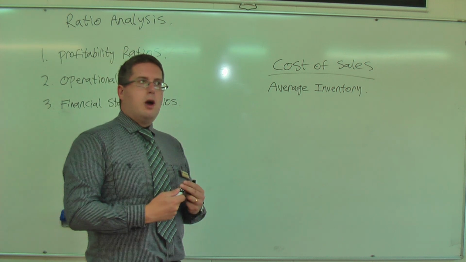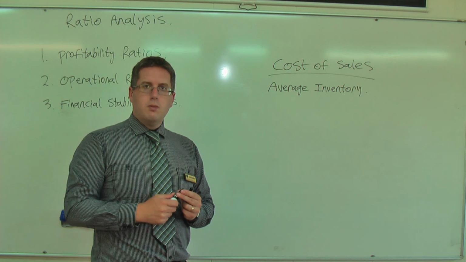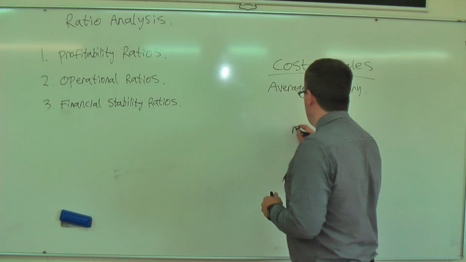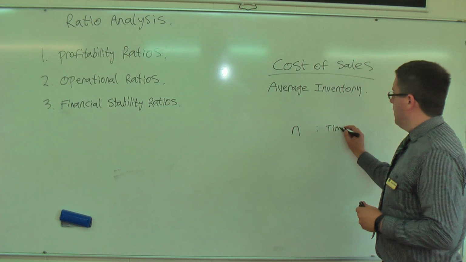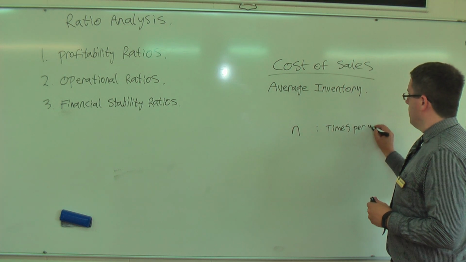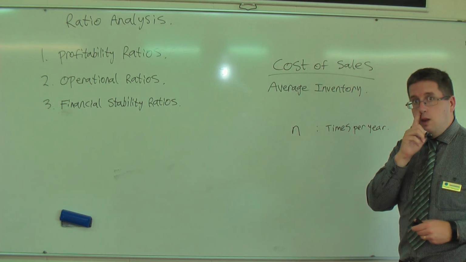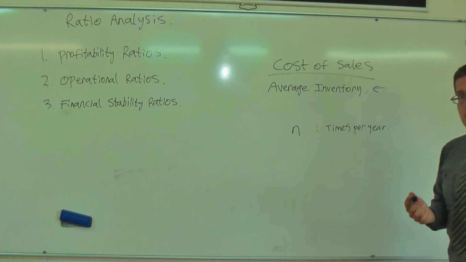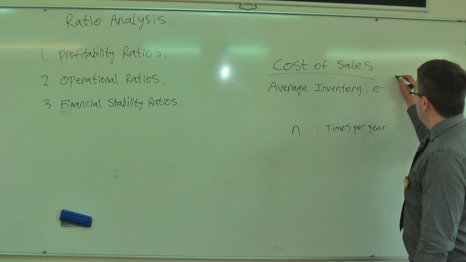This shows us how many times in one year we sell our inventory. So it's going to be a number, and that's the number of times per year that we have sold that inventory.